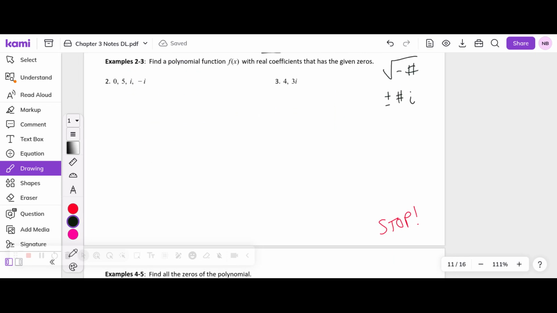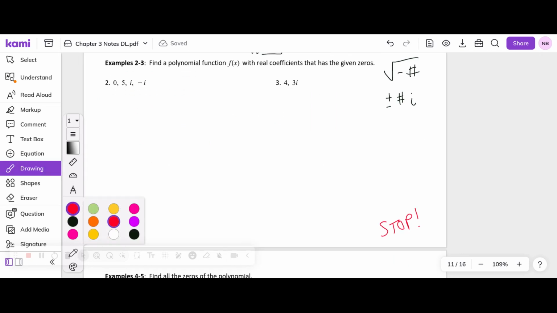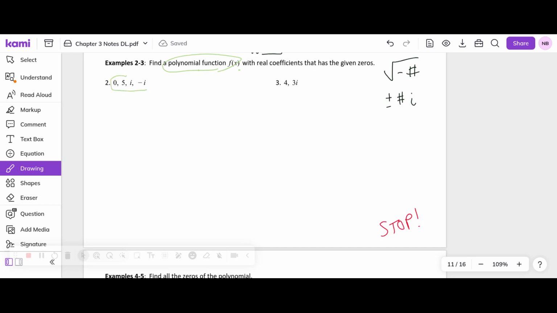All right. So in these ones, it says find the polynomial function f of x with real coefficients that has the given zeros. What that means is they gave us these zeros right here, and we need to make the equation.